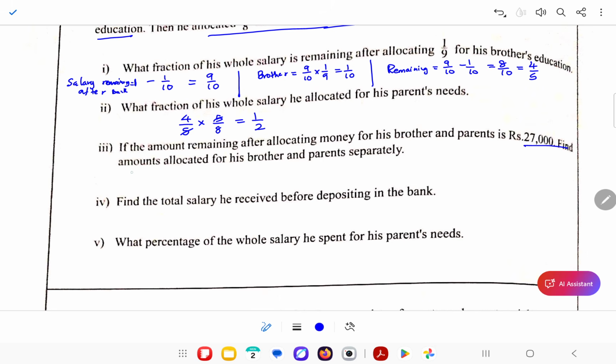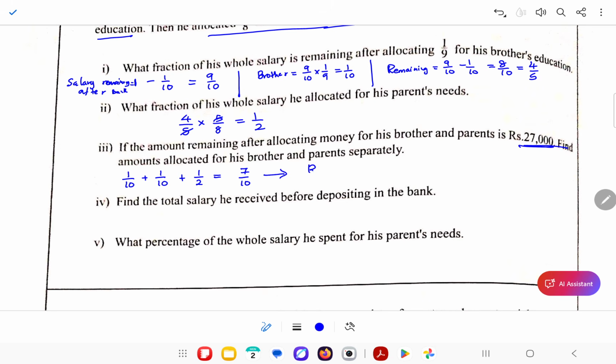So 1/10 was given to the bank, 1/10 was given to the brother, half was given to the parents. So this is what? 7/10. So this amount he already used. So the remaining amount is 27,000.